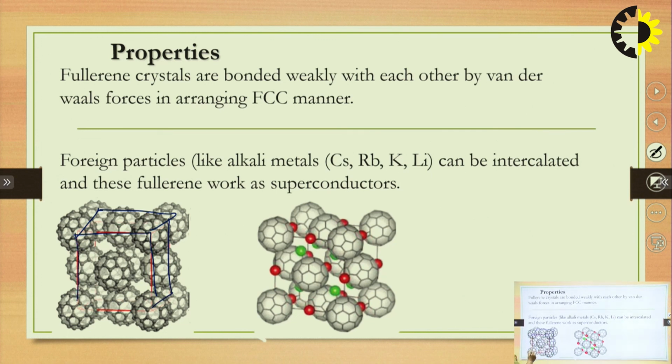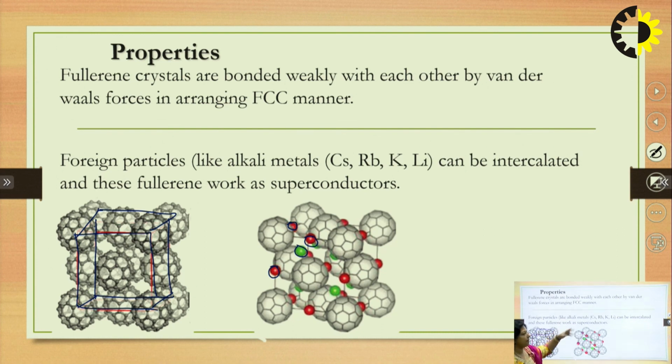This is referred to as a face-centered cubic structure. This is how fullerene molecules arrange themselves, and thus in the interstitial spaces there is a possibility for intercalation of metal, which is generally small metals.